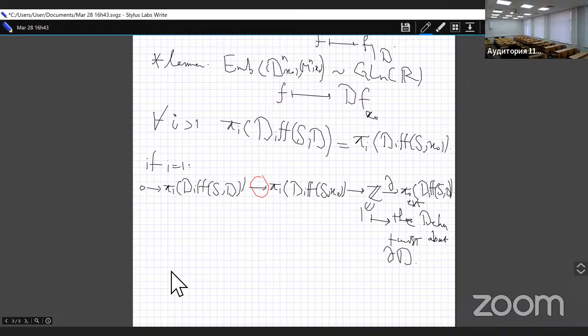So basically, we take S and we take D. We do the 2 pi rotation about the center of D, and we extend this to a self-diffeomorphism of S. Chris, does this make sense?